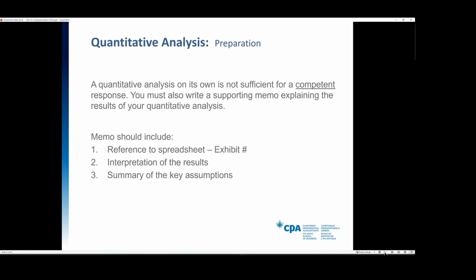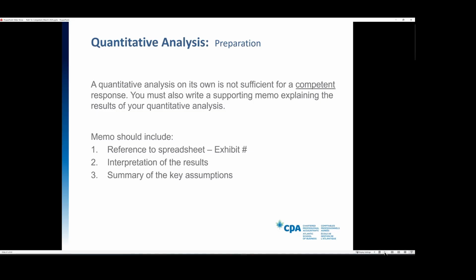So when it comes to a quantitative analysis on its own, that's not enough to achieve a competent response. You need to include valuable information in your memo. And that includes, of course, referencing the exhibit number. Now, you can't just say, see Exhibit 1 and that's it.